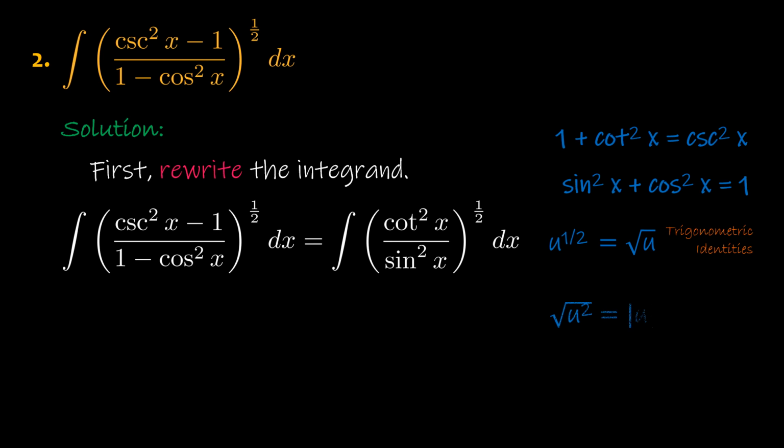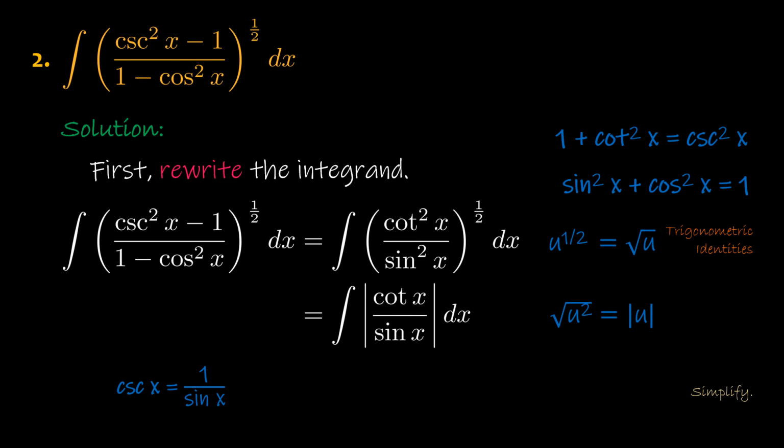The square root of the square of a quantity equals the absolute value of that quantity. Use another trigonometric identity. Integrate and simplify.